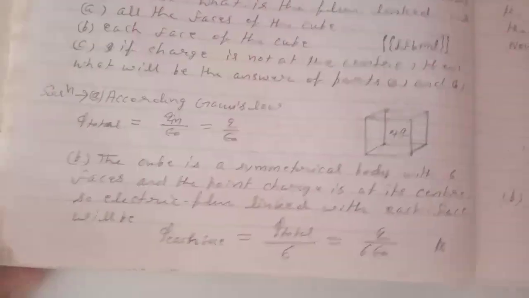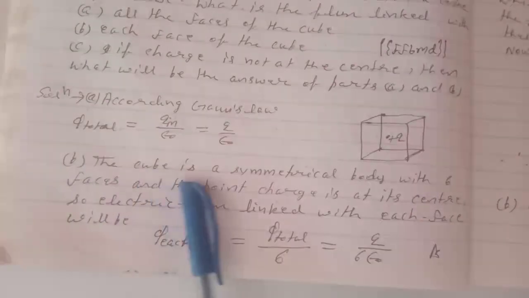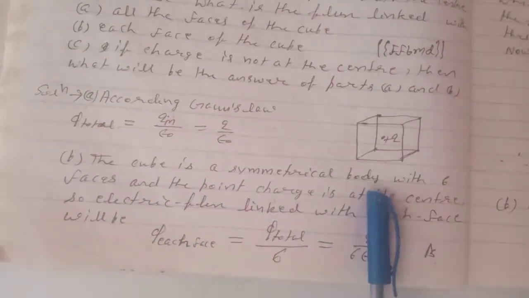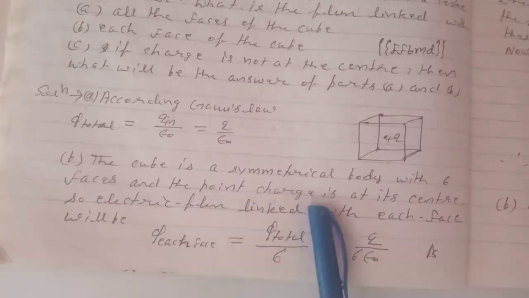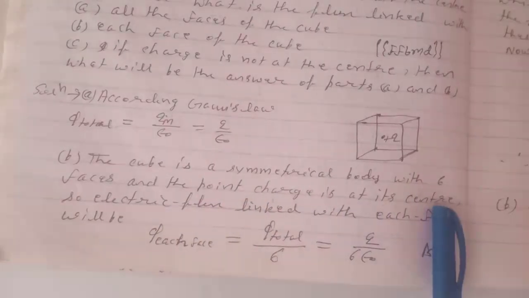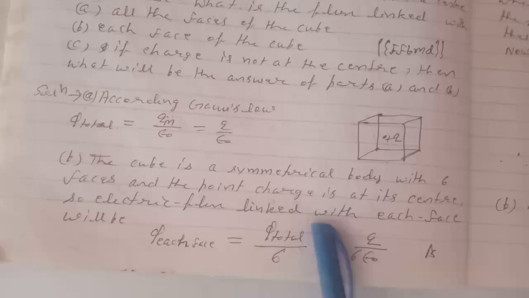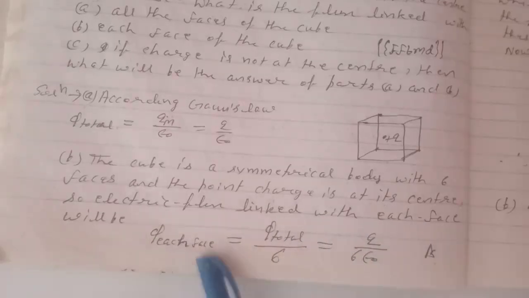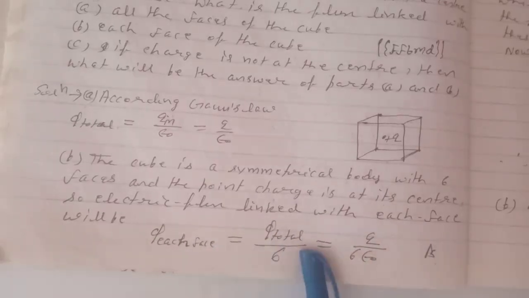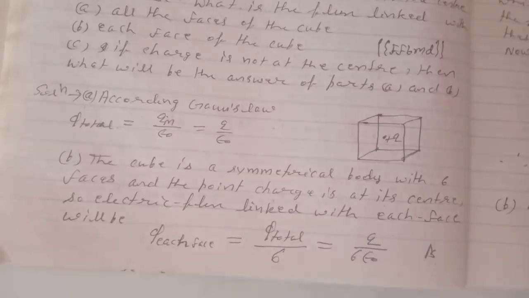B, the cube is a symmetrical body with 6 faces and the point charge is at its center. So electric flux linked with each face will be phi each face equal to phi total by 6, or q by 6 epsilon naught.